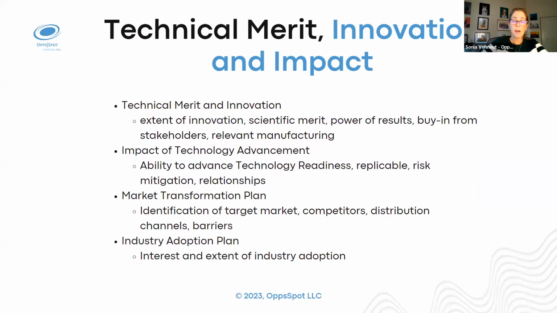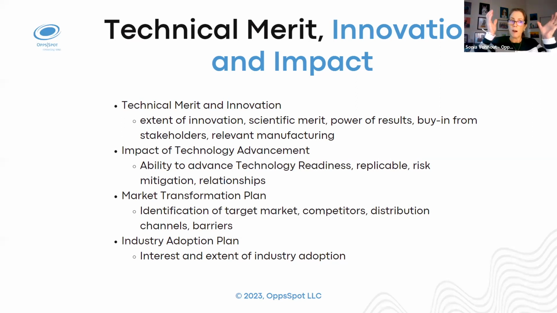So for the technical merit, innovation, make sure that you have a very clear understanding of innovation, the scientific merit, what are going to be the results. Do you have the buy-in of your stakeholders? And here what's also important is to relate it back to your market transformation plan, which basically is how you're going to commercialize, right?